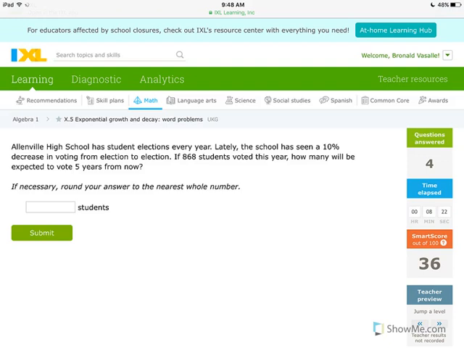Says Allenville High School has student elections every year. Lately the school has seen a 10% decrease, so this one's a little different. This one's going to be going down by 10%, so it's going to be a minus R situation in voting from election to election. If 868 students voted this year, how many will be expected to vote 5 years from now? So the start value is going to be 868.